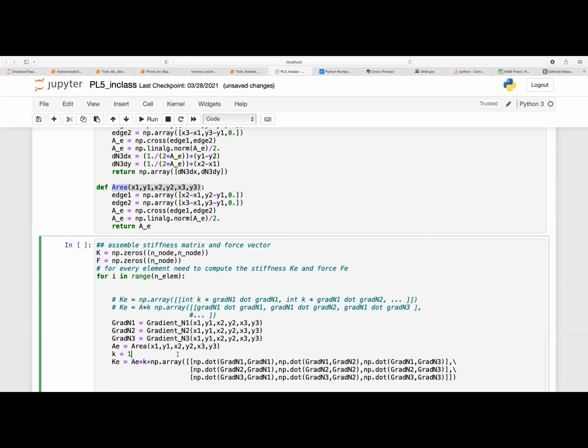But again, this comes from the definition of the stiffness matrix, which was the integral of the conductivity times the dot product of the gradients. For the linear triangular element, everything is constant, so the integral just gives you the area. And then the matrix is just the different dot products of the gradients of the shape functions.